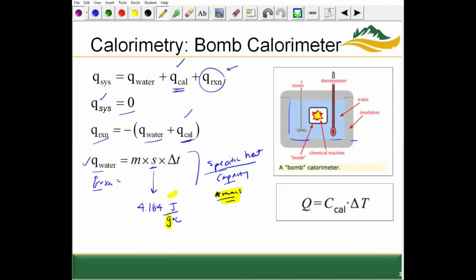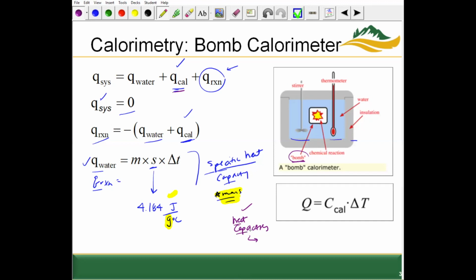However, for a calorimeter, we have just heat capacities. It doesn't matter how much material is there for the calorimeter itself, we just have a heat capacity that we associate with calorimeters. So for some calorimeters, we just have a heat capacity, not a specific heat capacity.